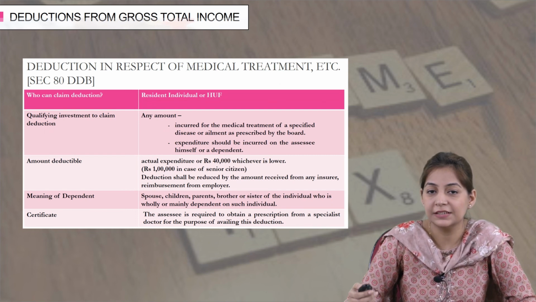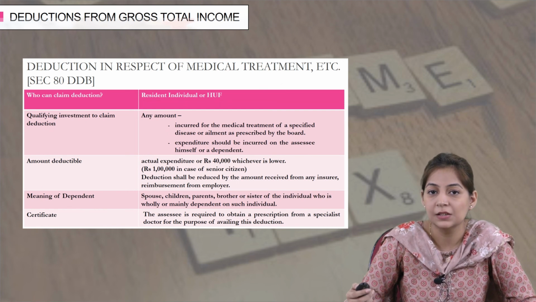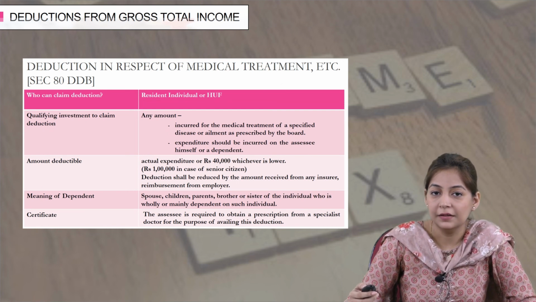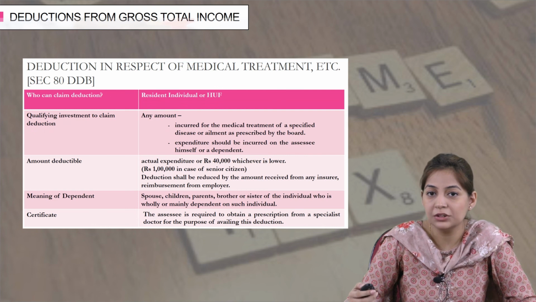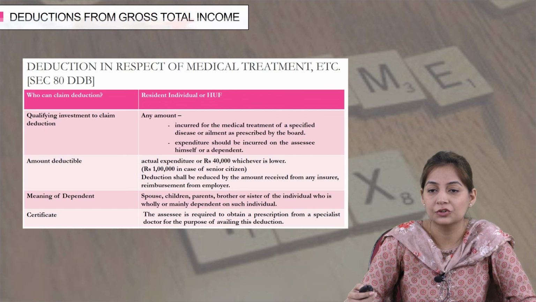In the case of a senior citizen, this limit of rupees 40,000 has been raised to rupees 1 lakh. Again, the deduction shall be reduced by the amount received from any insurer or reimbursement from the employer. So, if you have received any amount as reimbursement from the insurance company or from your employer, that amount is going to be deducted from the amount you want to claim under 80DDB.